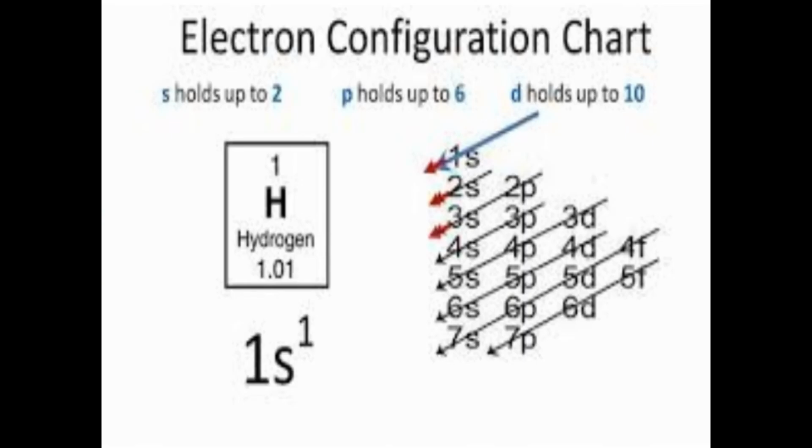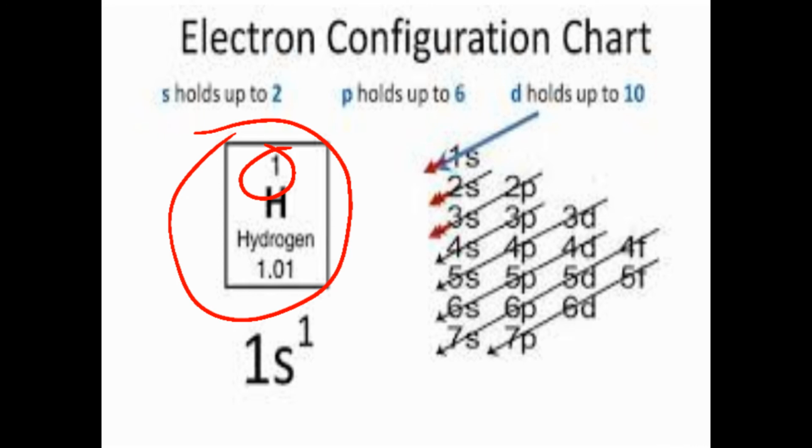Remembering the trend or the order, you have to see which element is to be written in its configuration. The hydrogen has atomic number 1. You can read this 1 from the periodic table.